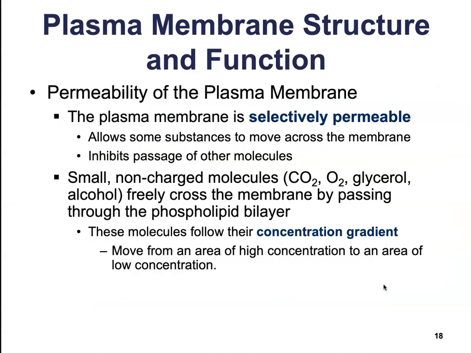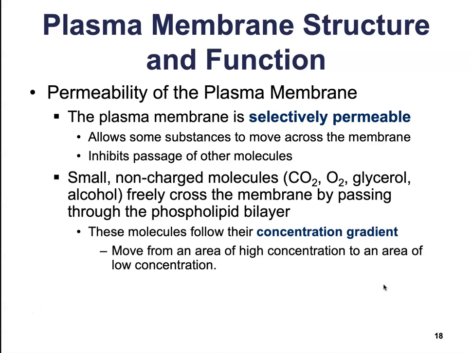Okay, so now we have to start to talk about what can get through that plasma membrane and what can't. We call the plasma membrane selectively permeable. By the way, a lot of this chapter, especially what we're going to talk about in the next probably 10 or so slides, really pertains to the diffusion and osmosis lab for this set of modules as well.